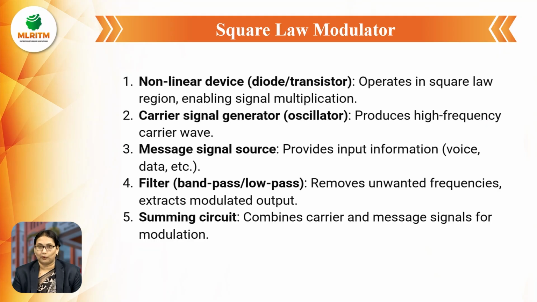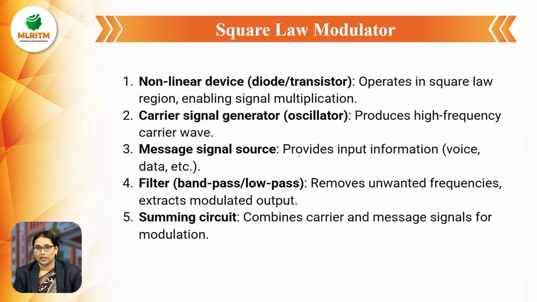Here we have some points about the square law modulator. First one is the nonlinear device. Nonlinear device may be a diode or transistor. It operates in the square law region, enabling signal multiplication. Next, carrier signal generator. For generation of the carrier signal, we use oscillators. It produces a high frequency carrier wave.